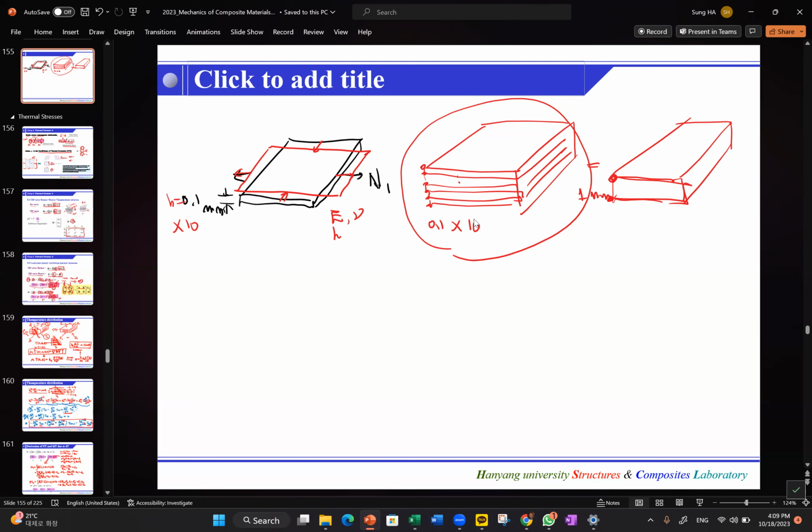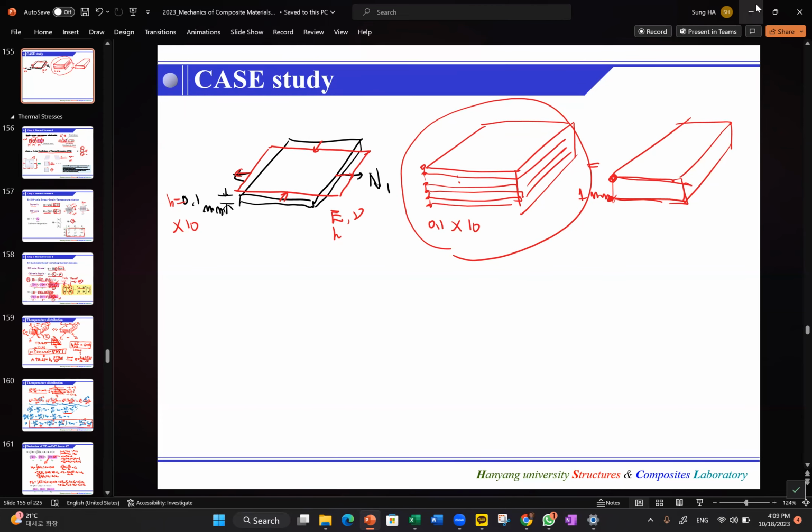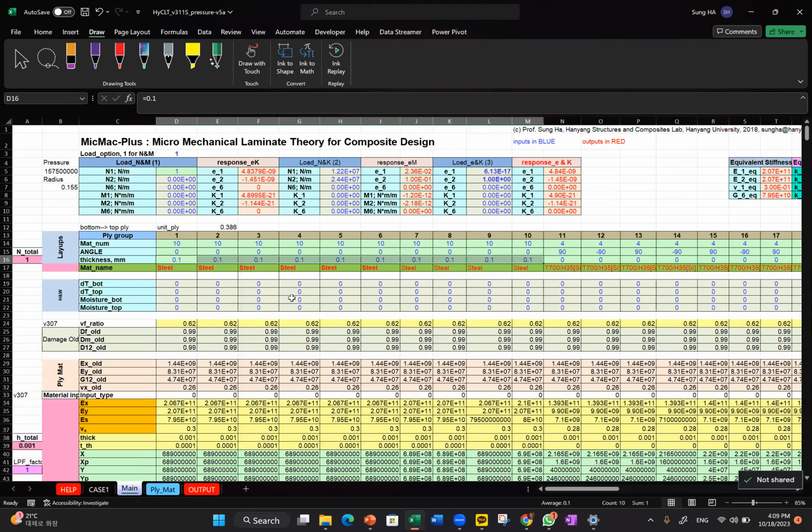Okay, so this is the case study. So this is the steel, and now again here we only have 1 ply, and then this is the result. How do we calculate it? Well, don't worry, the program calculates for us.